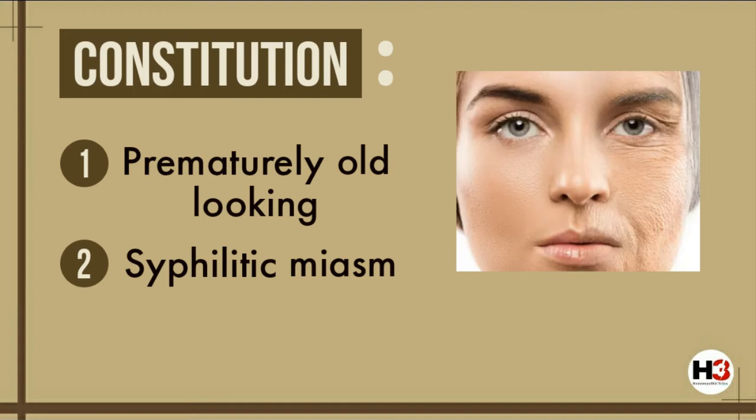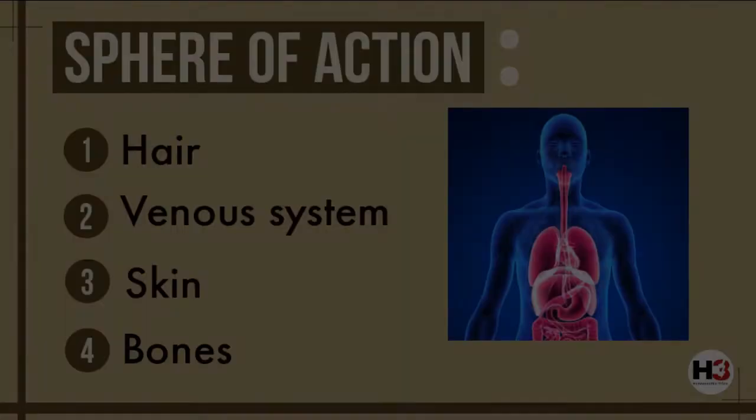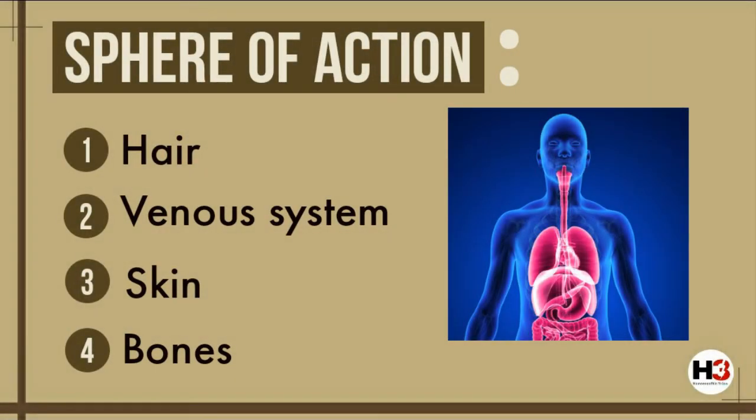He starts looking old in his teens. Fluoric acid as a remedy has a strong syphilitic miasm in the background. It is very useful in cases where there is slow and steady destruction of various organs of the body. The main spheres of action of this remedy are hair, bones, the venous system and skin.